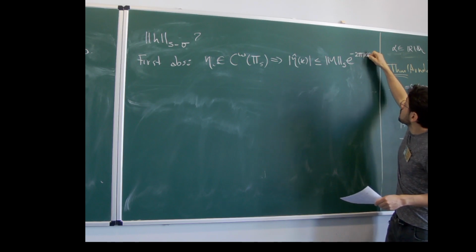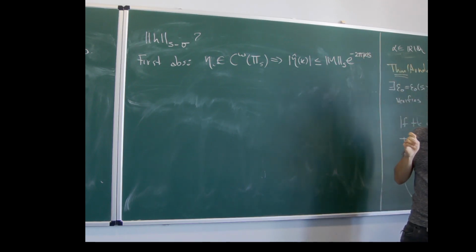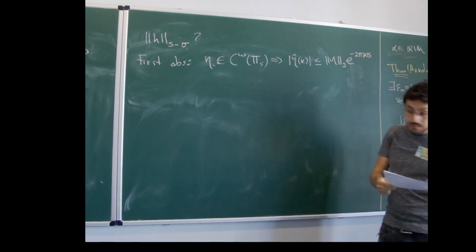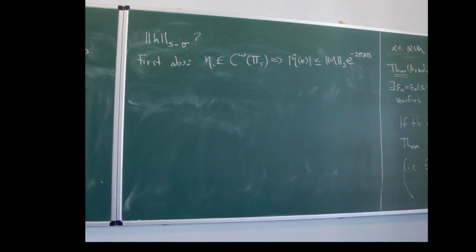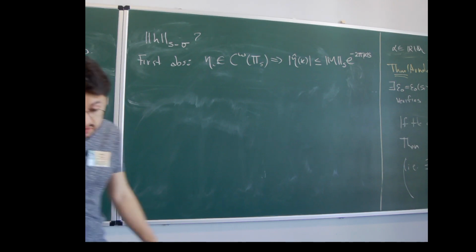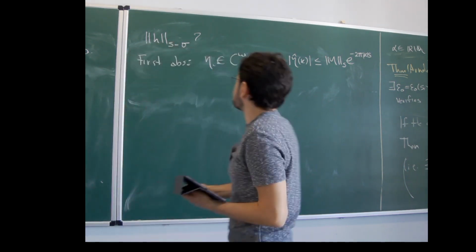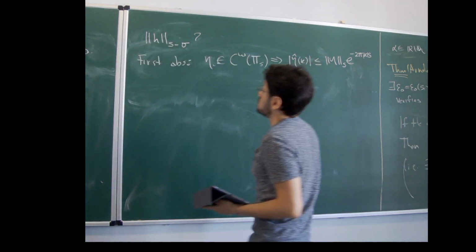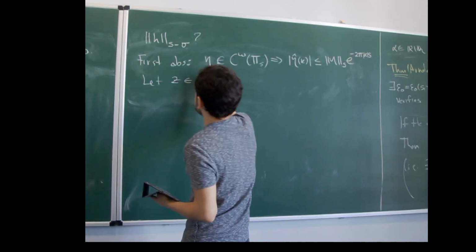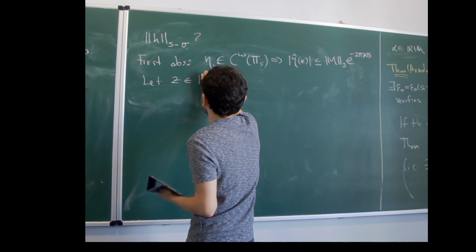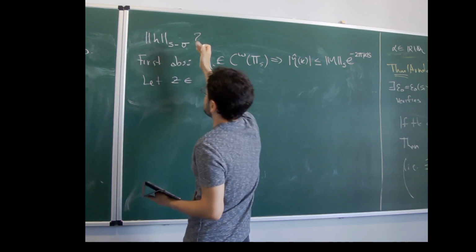Exponential? Thanks. Yeah, so now I have very good tools. Now I know exactly how to control this. So the rest becomes a bit of a calculation. So if I pick someone here, let me treat this as a function defined in the strip.